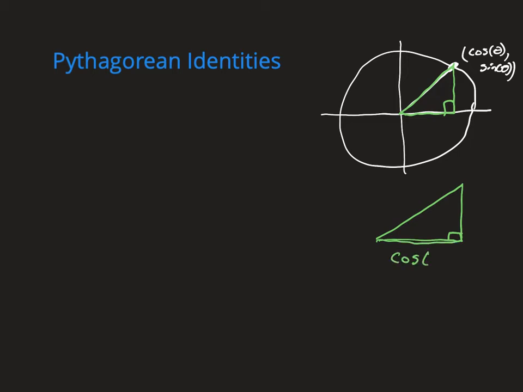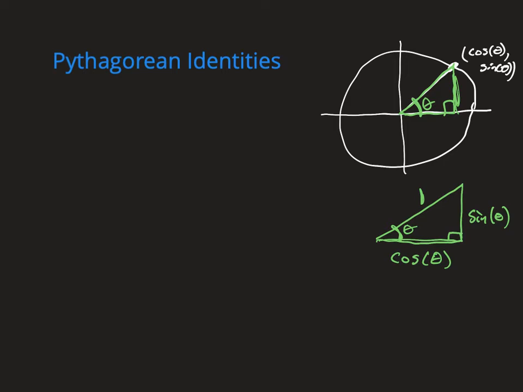I haven't established it yet, but let's put theta right on the circle here. Remember, that's our angle theta. That means this guy's theta right here. And the y value, that's the up and down value here, that's sine theta. And remember, this thing is a unit circle, so the hypotenuse is just 1.